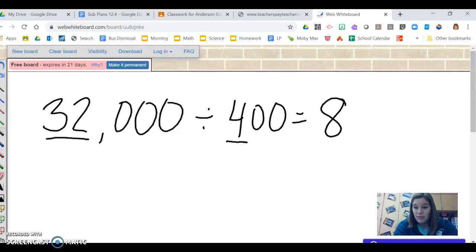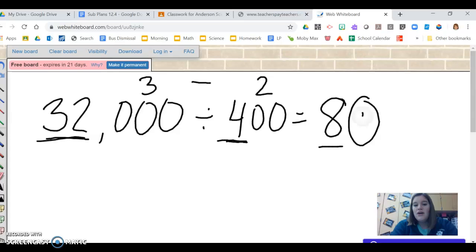You can even write the number of zeros up above if you'd like. So I have 3 zeros here and I have 2 zeros here. 3 minus 2 is 1, so I will only have 1 zero in my answer. And again, working backwards, 8 times 4 is 32. 1, 2, 3 zeros, 1, 2, 3 zeros. So you can very easily check it that way.